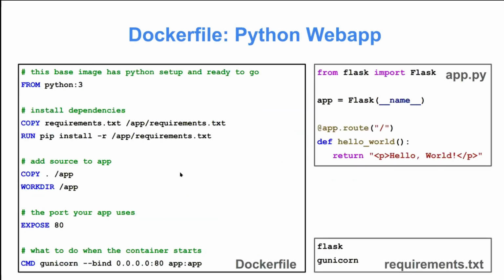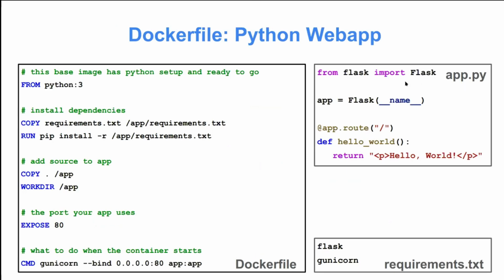A more elaborate Dockerfile might, instead of using a static website, do a dynamic one. So this example Dockerfile is serving a Python web application with Flask. On the right here, we can see how you would build a basic application in Flask.